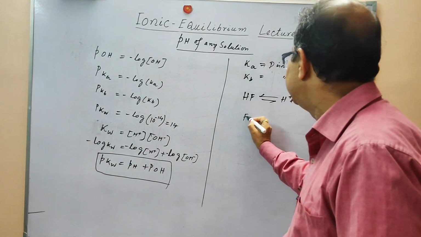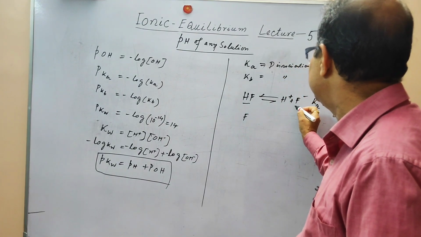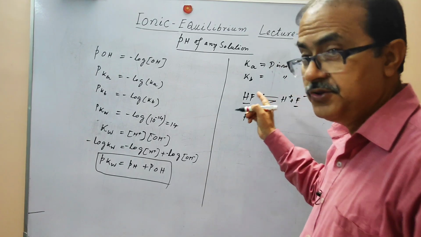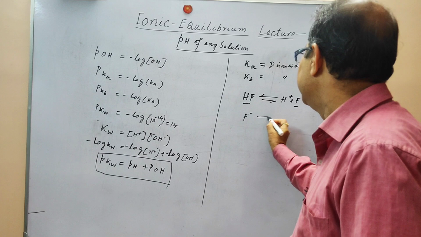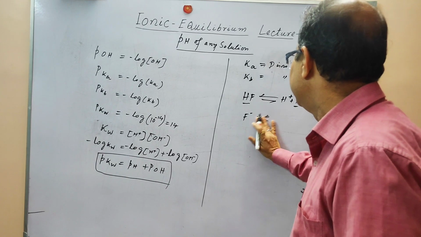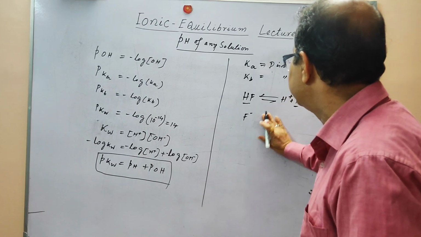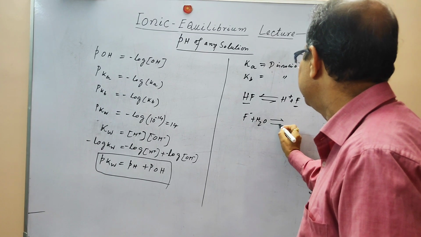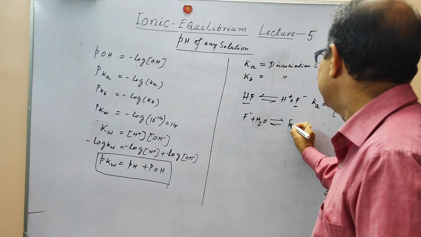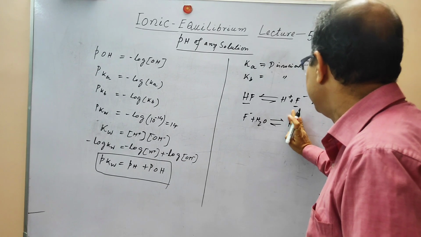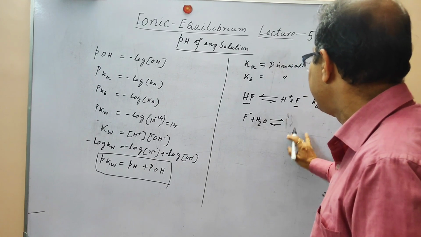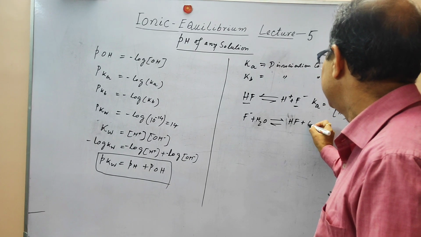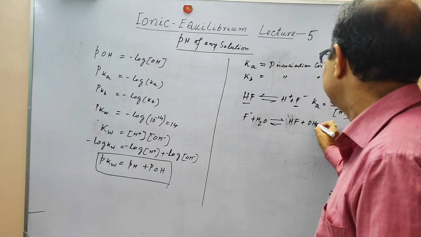Now this is the acid and its conjugate base is F minus. Now you see the dissociation constant for this F minus base: when F minus reacts with H2O, it gives HF plus OH minus.